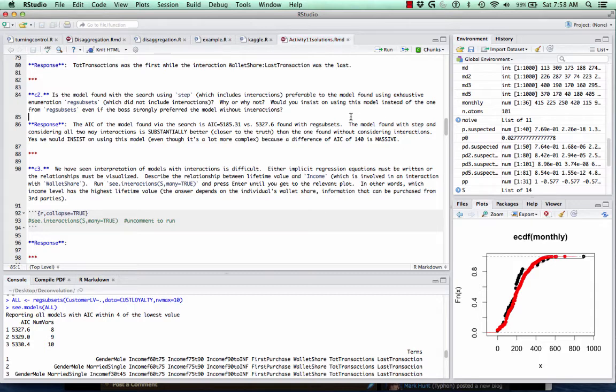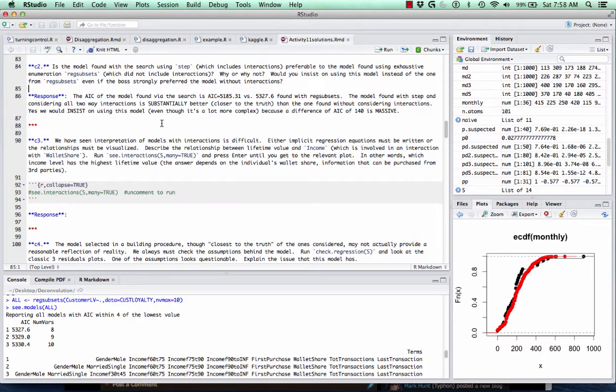Remember, any difference that's at least 10 is very, very strong evidence that the model with the lower AIC is, in some sense, better, closer to the truth, and a difference of 140 is just ridiculously big.